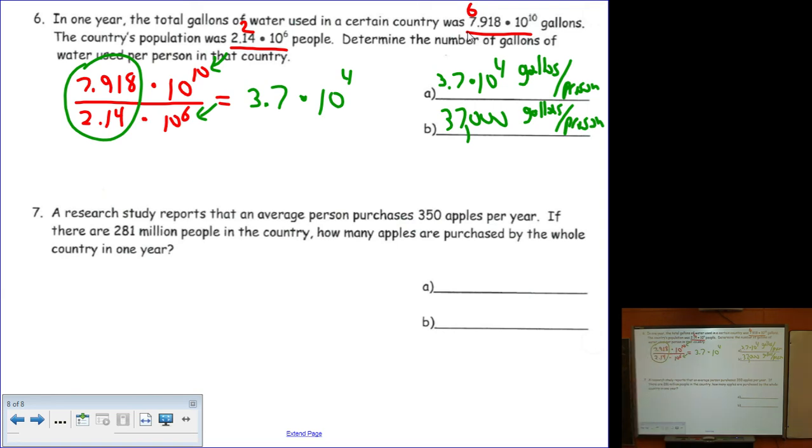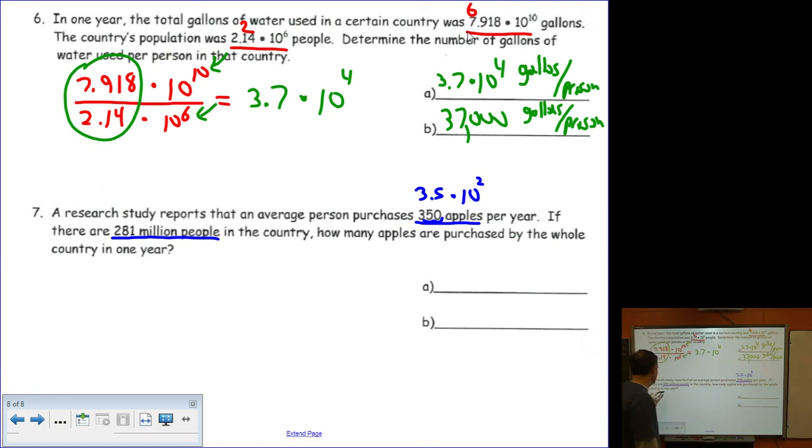A research study reports that an average person purchases 350 apples. Okay, so the directions ask me to put this in scientific notation. That would be 3.5 times 10 to the 2nd. If there are 281 million people, again, I'm supposed to put that in scientific notation.